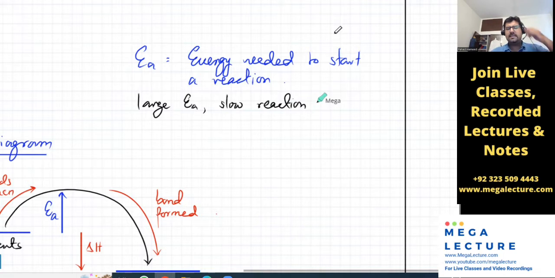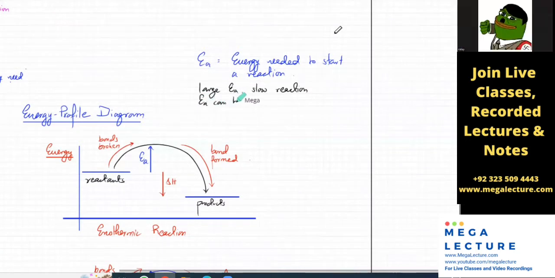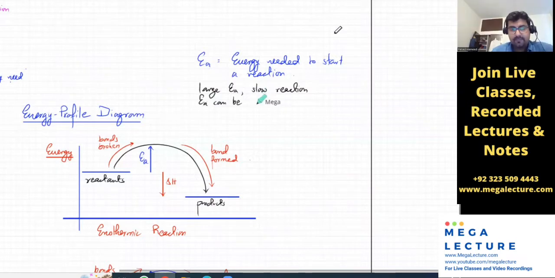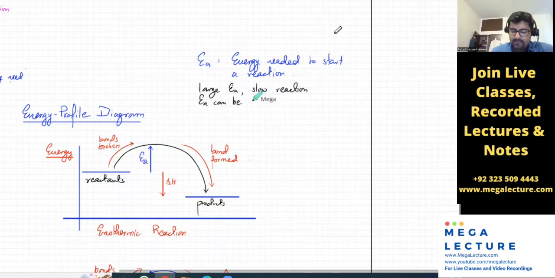So next is how do you reduce activation energy? Okay, EA can be reduced by what? How can you reduce activation energy? By adding a catalyst.